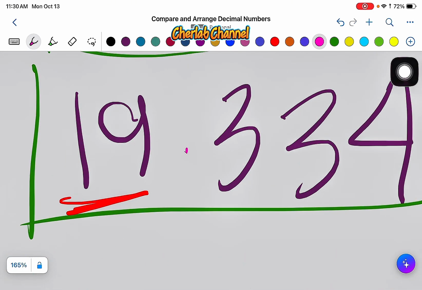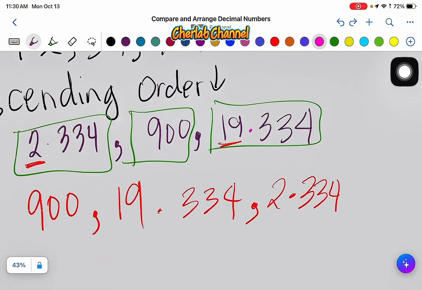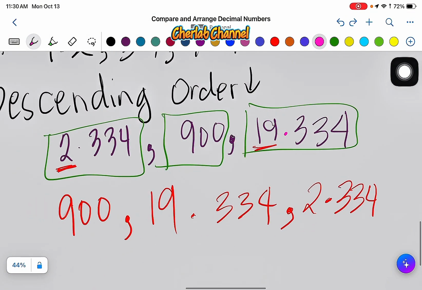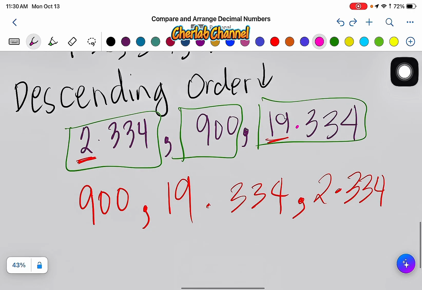Numbers papunta sa right would be the decimal numbers. Numbers papunta sa left would be whole numbers. So meaning this is 10 plus 9, so 19, which is bigger than 2. So 19.334 comes first before 2.334. Okay, that's how we arrange numbers.